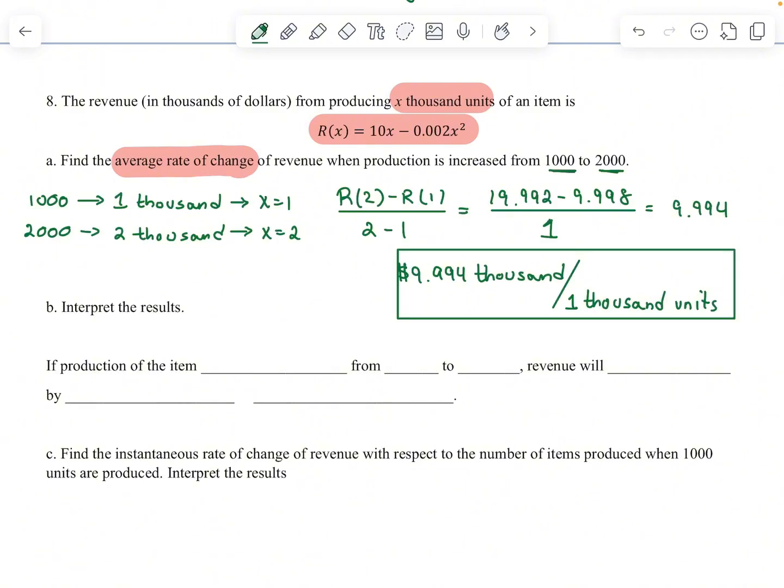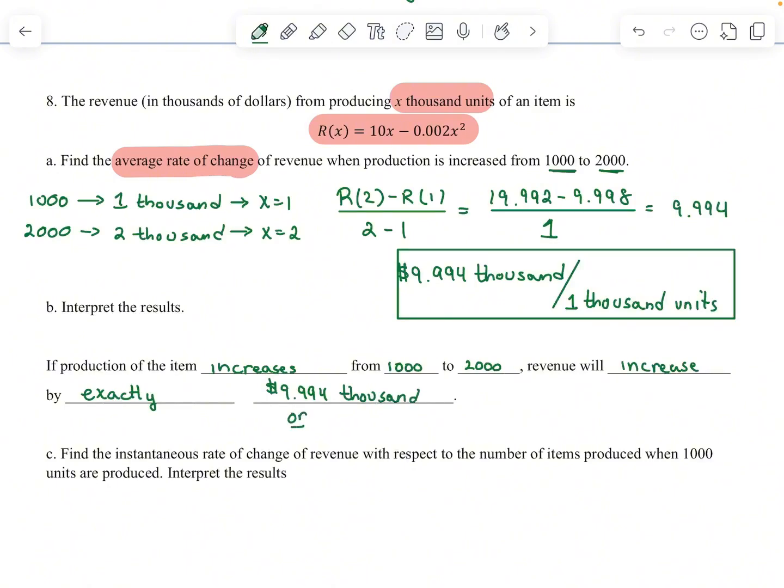Now to interpret this result. If production of the item increases from 1,000 to 2,000, revenue will increase by exactly $9.994 thousand.